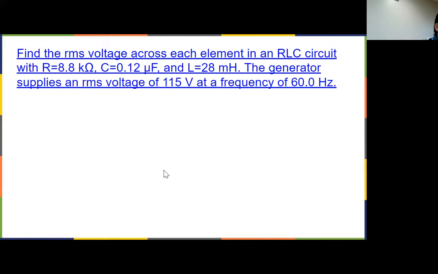So we can take a look here. You have an RLC circuit.